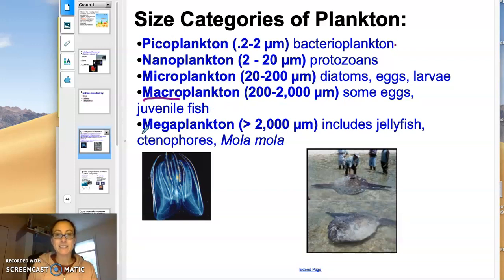On the gigantic side of plankton, we have things that are as gigantic as this ctenophore, comb jelly, and even the mola mola, which is a fish that really can't swim. And so it's technically considered plankton, and those can get up to like 6 to 8 feet long. So there's really a huge range in size from bacteria all the way up to these mega plankton.